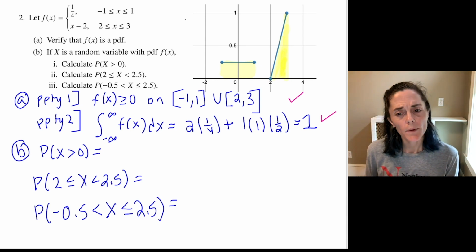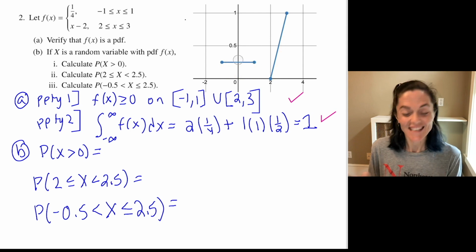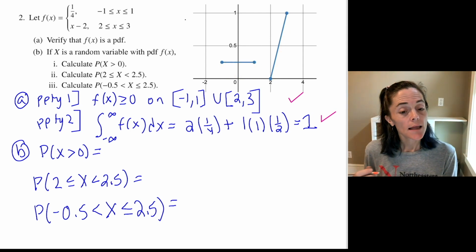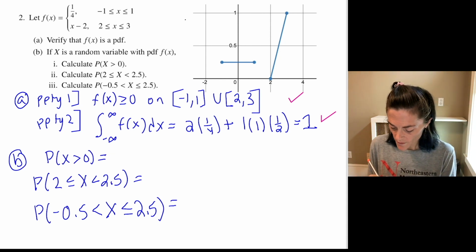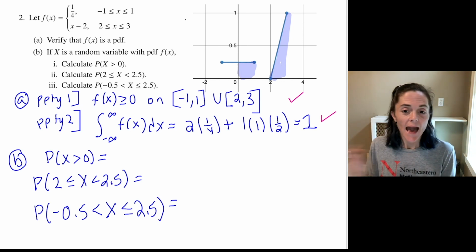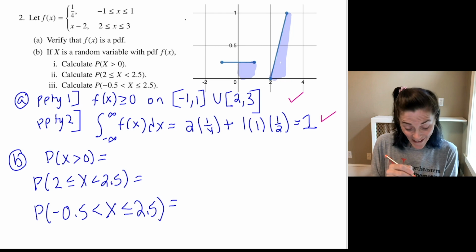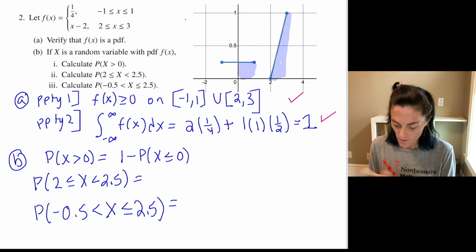First of all, the probability, so let's erase my yellow because I'm going to talk about each one of these as areas. The probability X is bigger than 0. So let's shade it. We want this area, and this area. But instead of adding the 2 areas, we could just take 1 minus the probability X is less than or equal to 0.